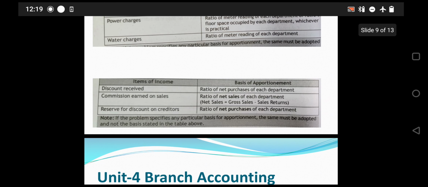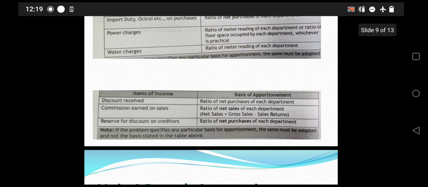Then items of income. There are certain other items which are income, not expenses. So discount received: we always receive the discount when we are purchasing goods, raw materials. If we receive any discount on purchases, it's an income to us.